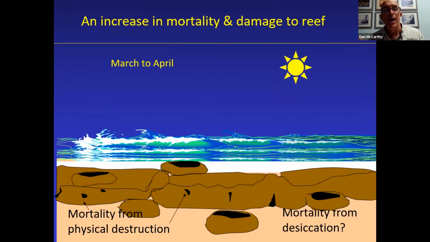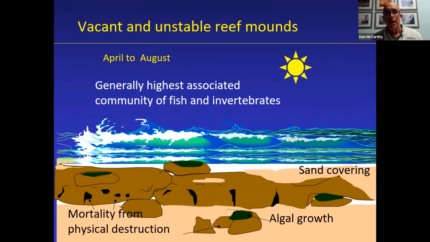In this time period, you start to see recruitment of other organisms like crabs and sea urchins, and they start boring holes into it, and it makes a reef that's topographically more complex. Sand covering can affect it as well. At this time of the reef, you see a lot of juvenile fish and juvenile invertebrates, so the shelter is really important to many other organisms.